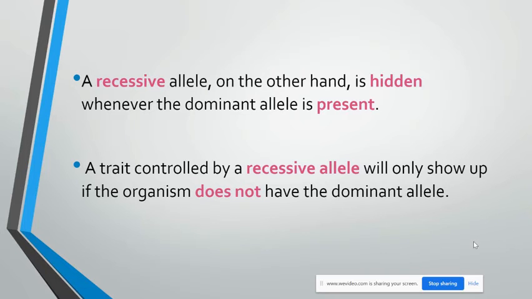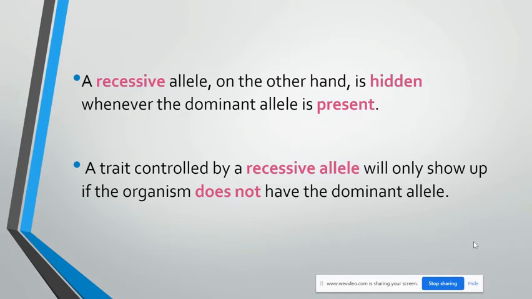So that's why with the original pea plants, they had the tall stems and then the short stems, which is recessive. The original or the first generation were all tall because that dominant allele masked those recessive alleles.